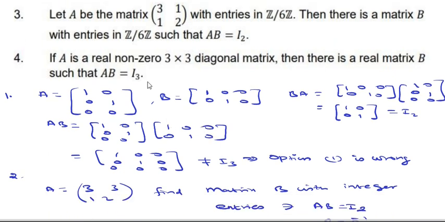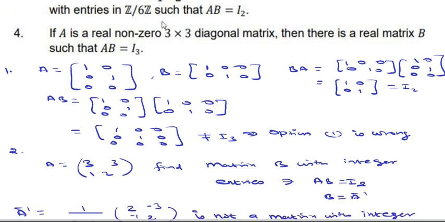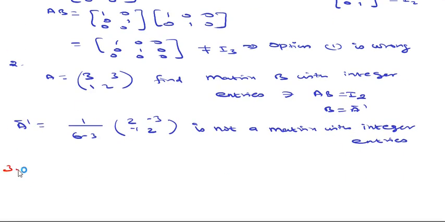Now we will go for option 3, A equals the matrix [3 1; 1 2]. So let us take A equal to [3 1; 1 2].